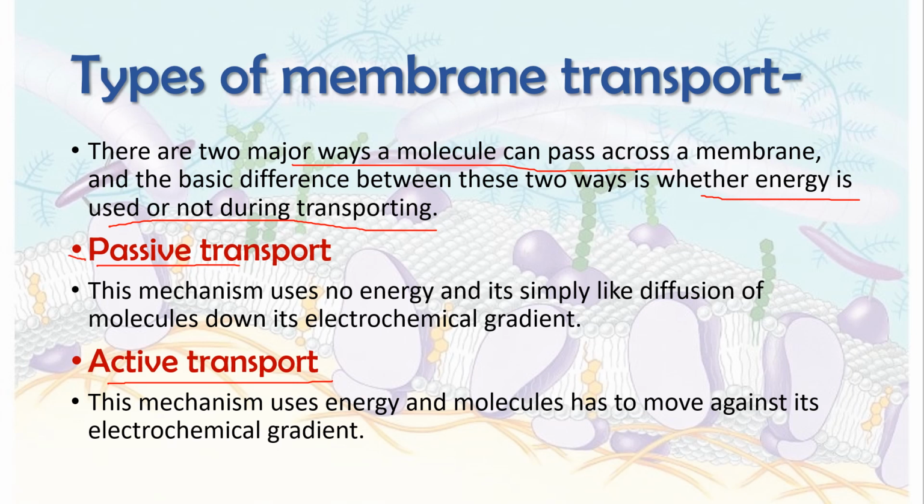In passive transport, energy is not required. In active transport, energy is required. So in active transport energy is required, and in passive transport there is no energy requirement to cross the molecule across the cell membrane.